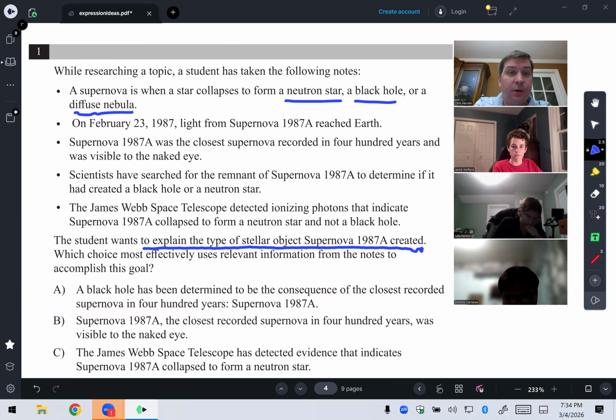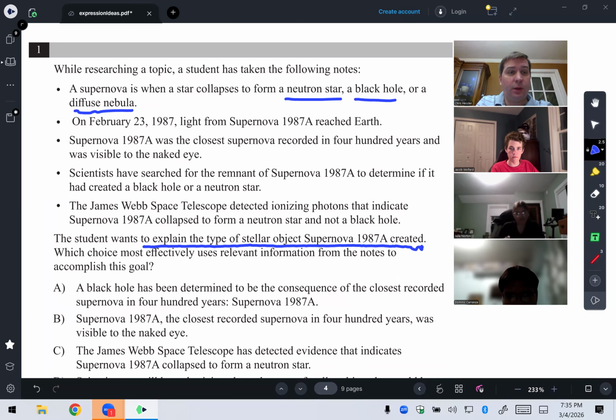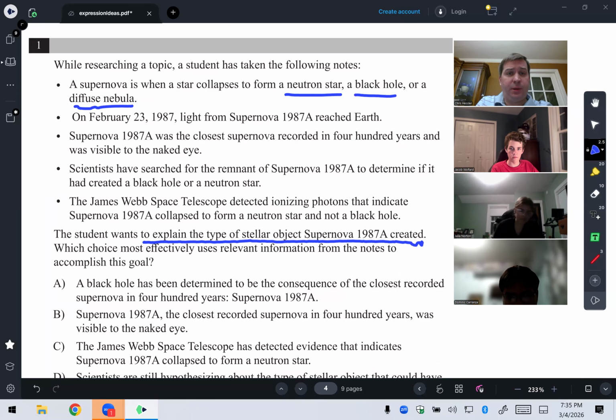On February 23rd, 1987, light from supernova 1987A reached Earth. Supernova 1987A was the closest supernova recorded in 400 years and was visible to the naked eye. Scientists have searched for the remnant of supernova 1987A to determine if it had created a black hole or a neutron star. Okay, so it already sounds like maybe we're down to two of those three.